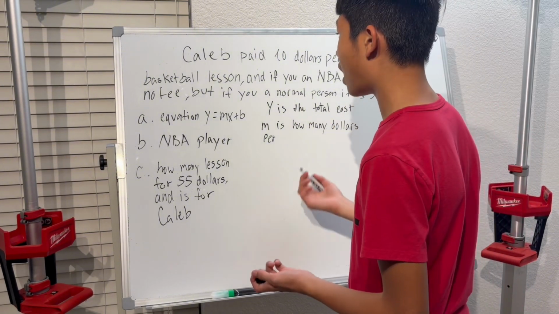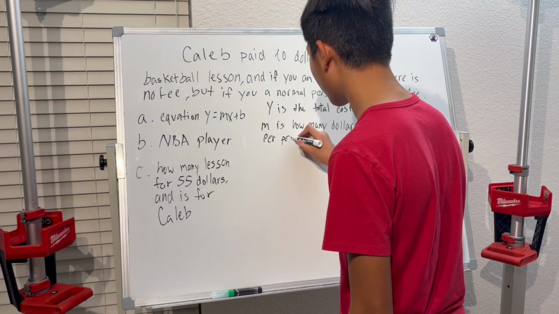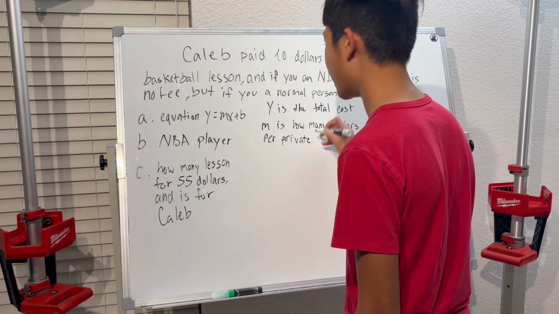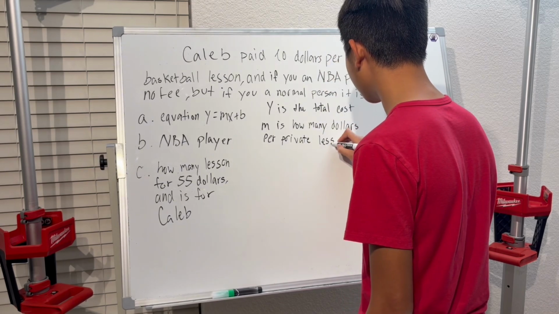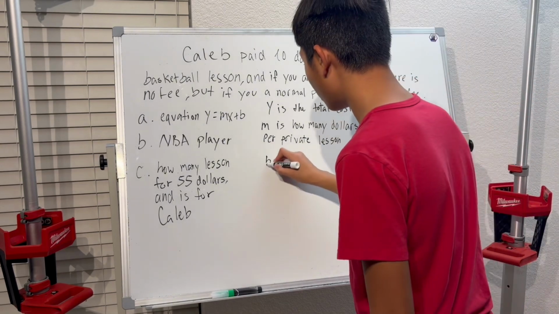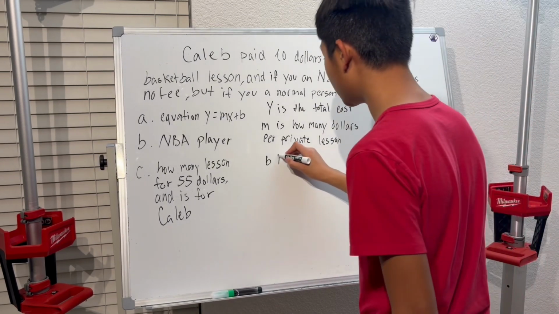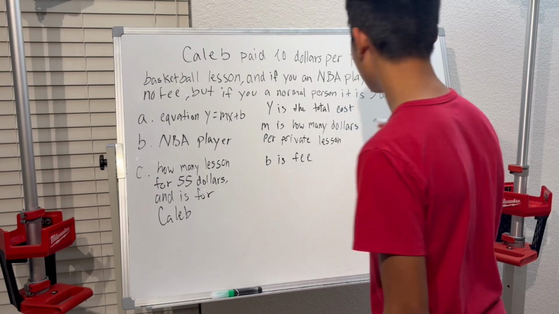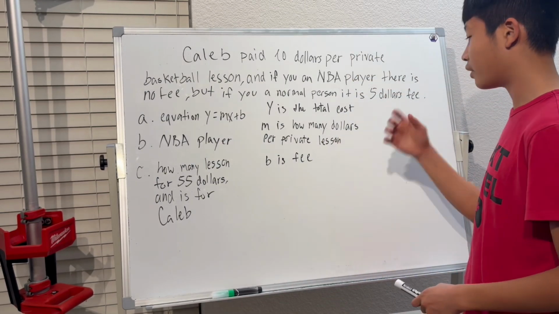You're just gonna write private lesson, you're not gonna add basketball. And b, which is the fee. So b is the fee, $5 fee, so plus 5.